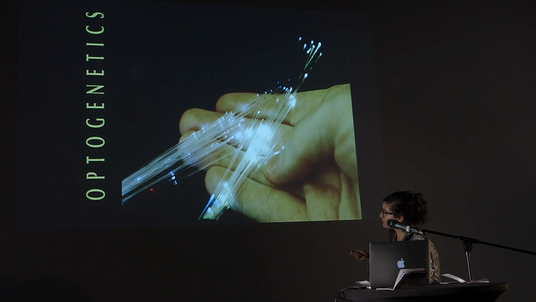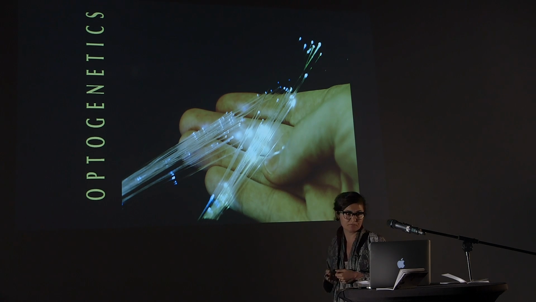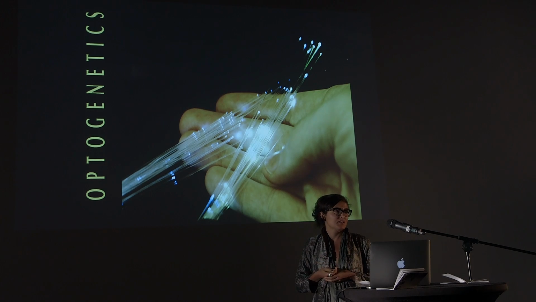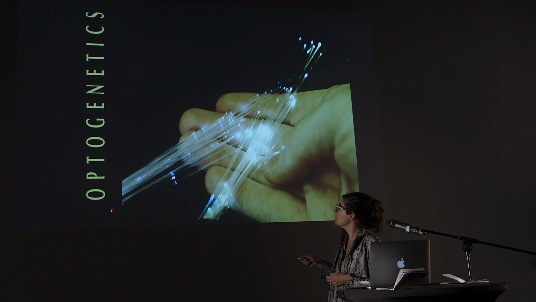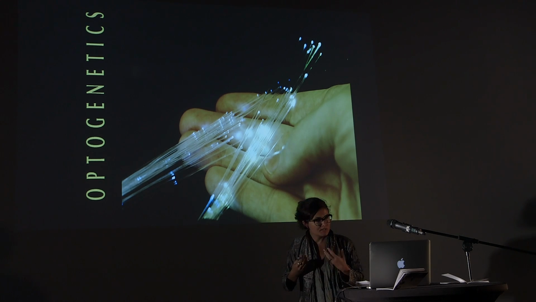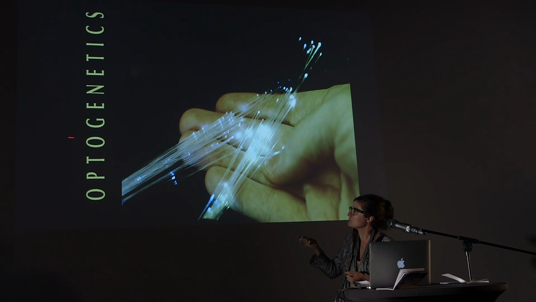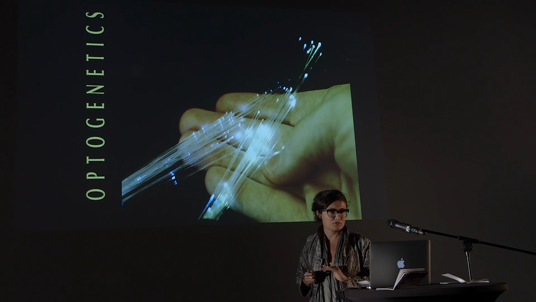Here we're looking at optical fibers that conduct light, and the technique that enables us to do the science underlying obesity is the technique named optogenetics. As the name indicates, there's a component that involves light, that's the opto, and there's a component that involves genetics. I'll get into that.